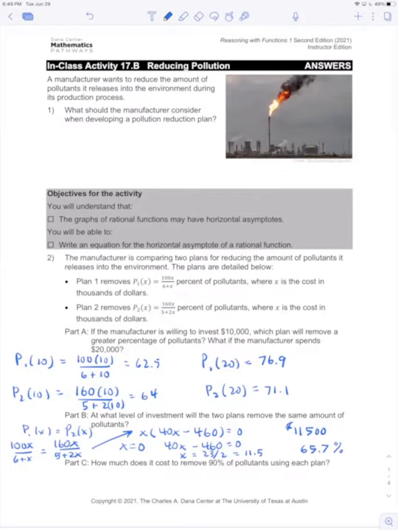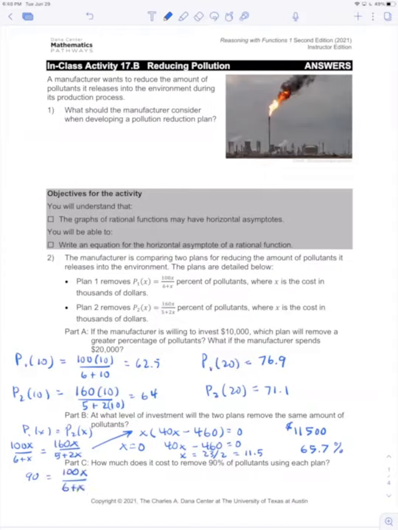Part C, how much does it cost to remove 90% of the pollutants using each plan? So let's see what we can do here. This time, we know what we want to get out of this. We want 90, and I'm just going to use C1 for the P1 piece for the example here to start. 90 equals 100x over 6 plus x.